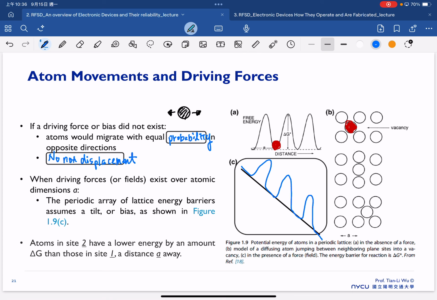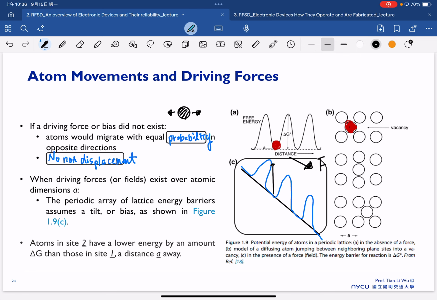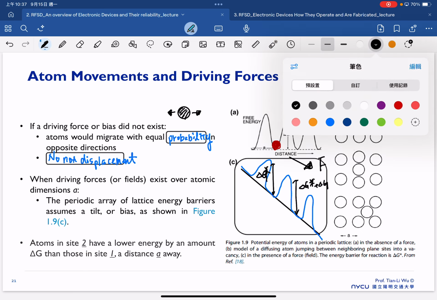This is because we have the additional force here, and this additional force leads to different energies: in this place we have delta G star, but in this one we have delta G star plus delta G, and therefore this Alton site 2 has a lower energy. This is the Alton in site 2.